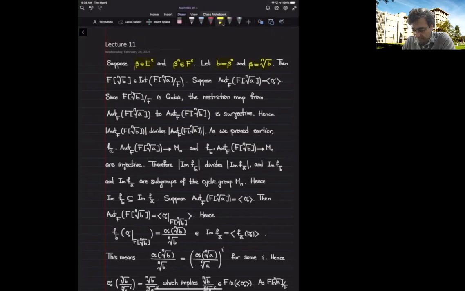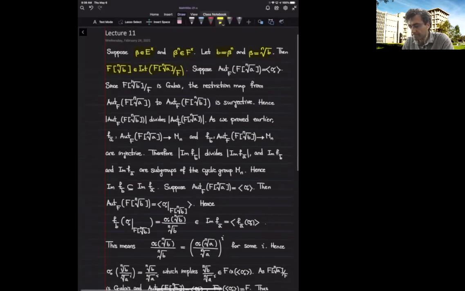I do know that this element beta belongs to E, and that implies that the field generated by the base field and beta is an intermediate subfield of the extension F joined with nth root of a over the base field F. But remember, the group of automorphisms of the original extension is a cyclic group, and therefore every subgroup is a normal subgroup.